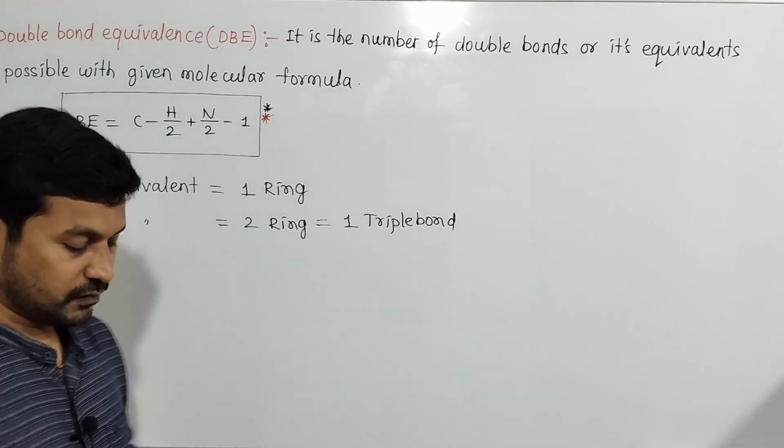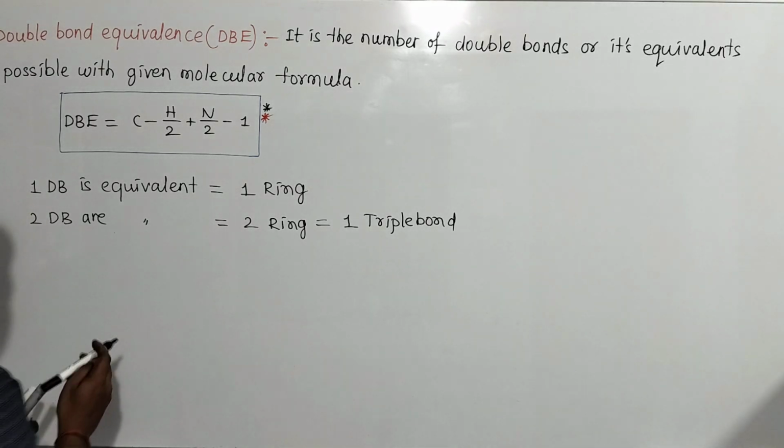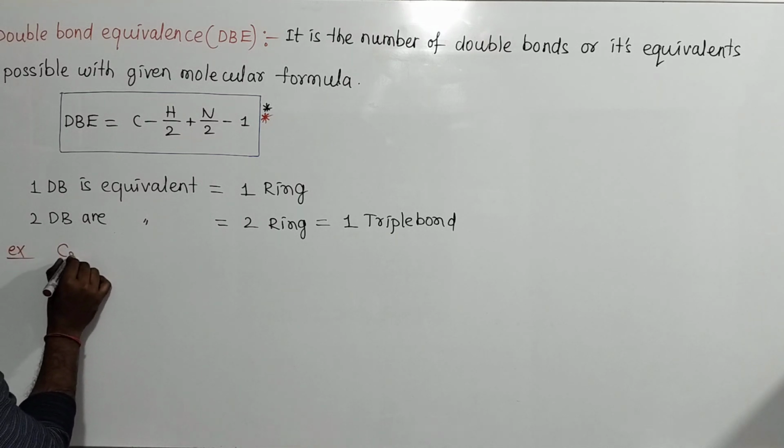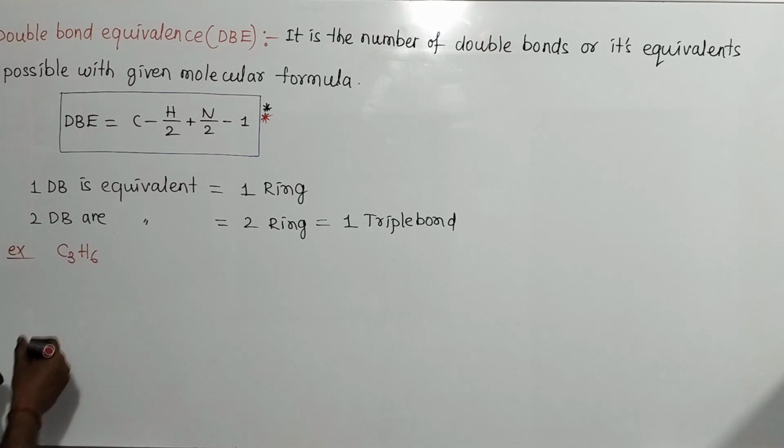Okay, first example I am taking. Calculate the number of possible double bond equivalents with C3H6. How many double bond equivalents are possible?